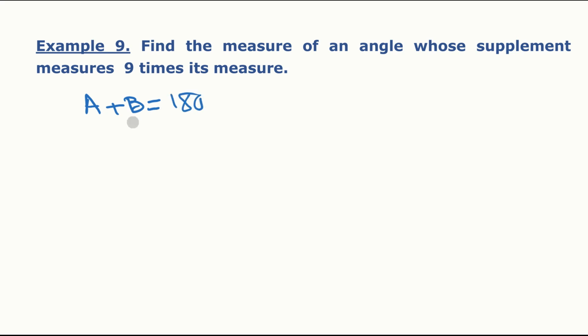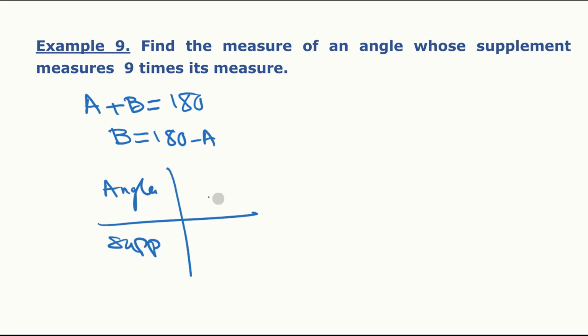So it means if the angle B is solved for, we get 180 minus A, right? So if you want to make a table, you can say angle, supplement. If the angle is A, the measure of the supplement is going to be 180 minus A.